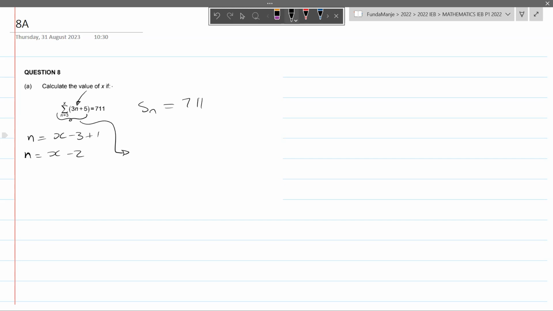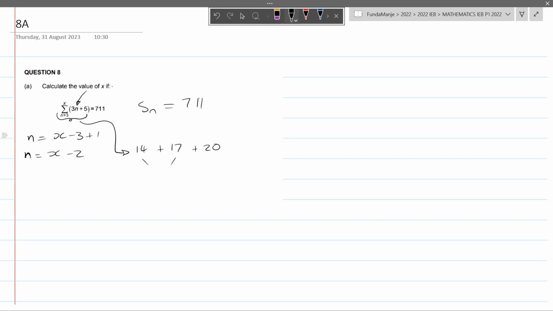So substituting 3 into this, we get 3 times 3 is 9 plus 5, we get 14. And then substituting 4, we get 3 times 4 is 12 plus 5, 17. And then we can get the last one by substituting 5, which is 15 plus 5, 20.